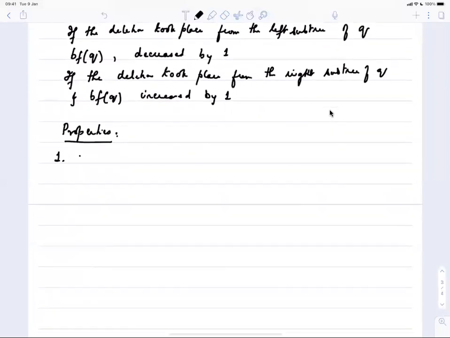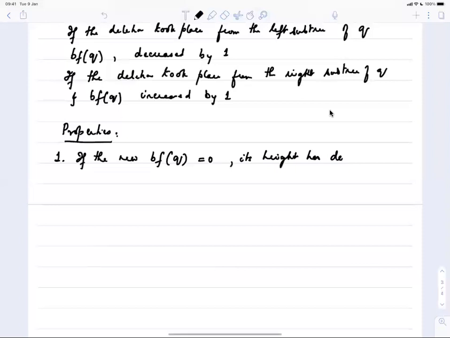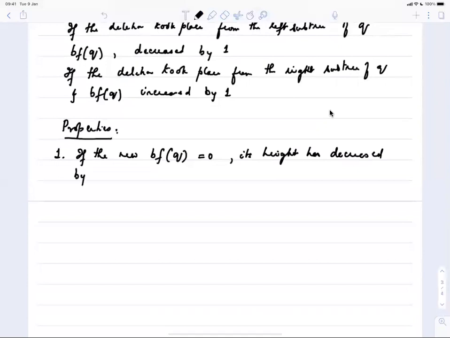So if the new balance factor of Q equals 0, its height has decreased by 1, and we need to change the BFs of parents and ancestors.